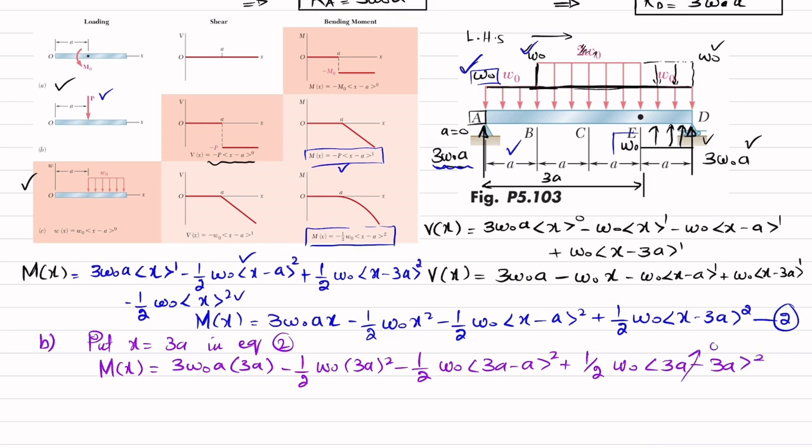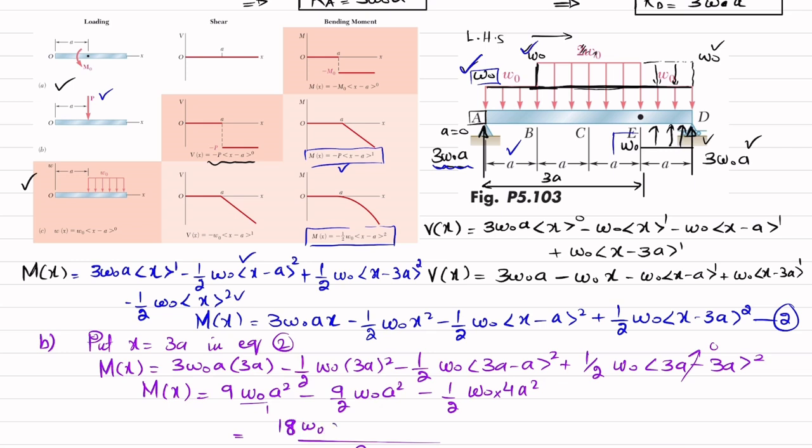So this term will become 0 and we will be left with moment M of x will be equal to 9 w naught a square minus 9 by 2 w naught a square minus 1 over 2 w naught into 2a. 3a minus a is 2a, so 4a square. Okay, if you take LCM, it will give you 2, so 9 w naught. 2 into 9 is 18.